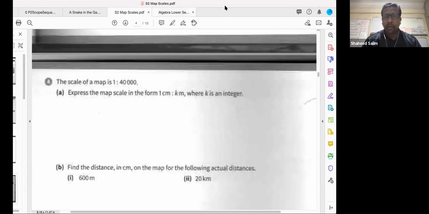So just to inform you, now at this stage, both of these are cm. 1 cm to 40,000 cm. So you must change it to meter now. Okay? Can do immediately, great.